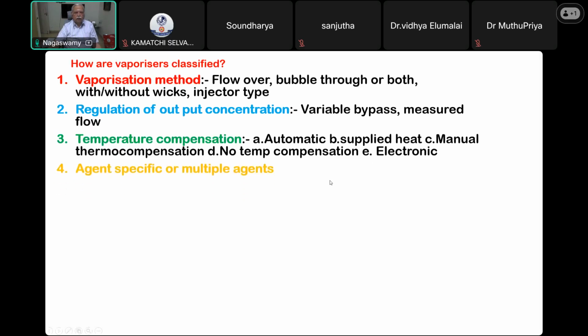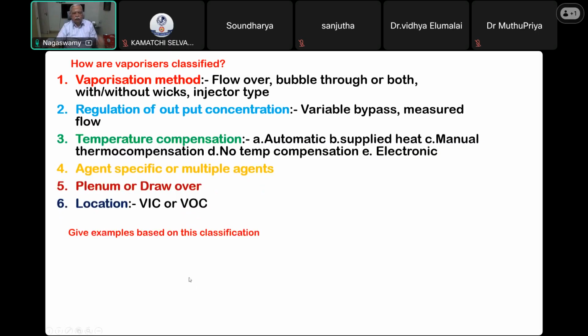The fourth, agent specific or multiple agents. Five, whether it is a plenum or a draw over vaporizer. And sixth is the location, whether it is inside the circuit or outside the circuit. Okay, so 6 different classifications are there. At least you must remember and say 3 or 4 in the exam, and give examples based on the classification.